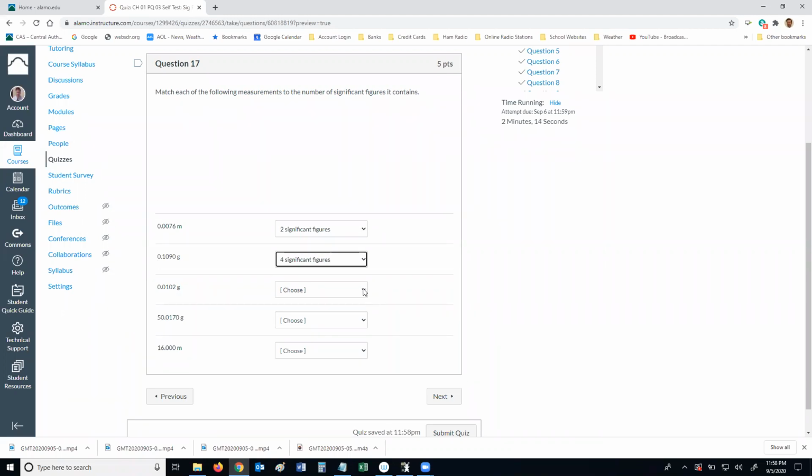The 2 leading zeros are not significant. That has 3. 50.0170, all 6 of these are significant. All the zeros you see in there are between significant digits. Okay, so all 6 of those are significant. And then 16.000 has 5. All those zeros are after a decimal point and are preceded by something significant.